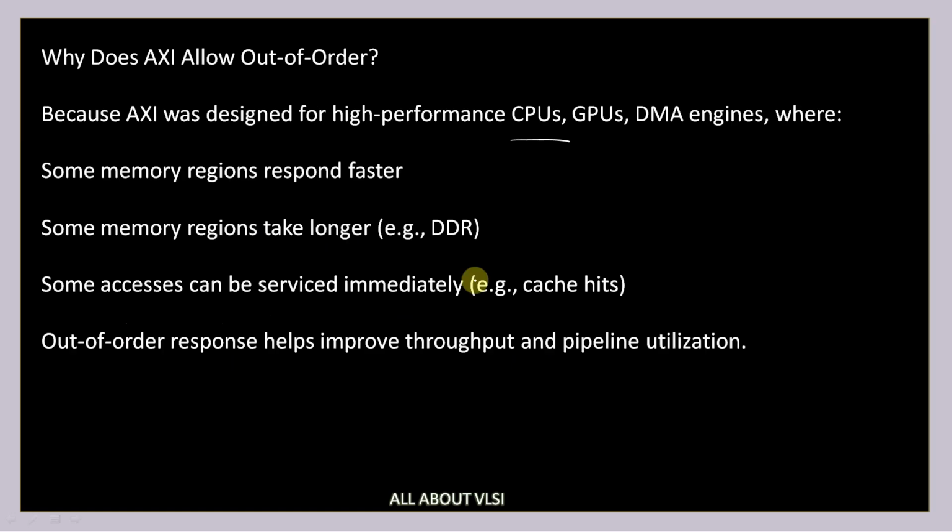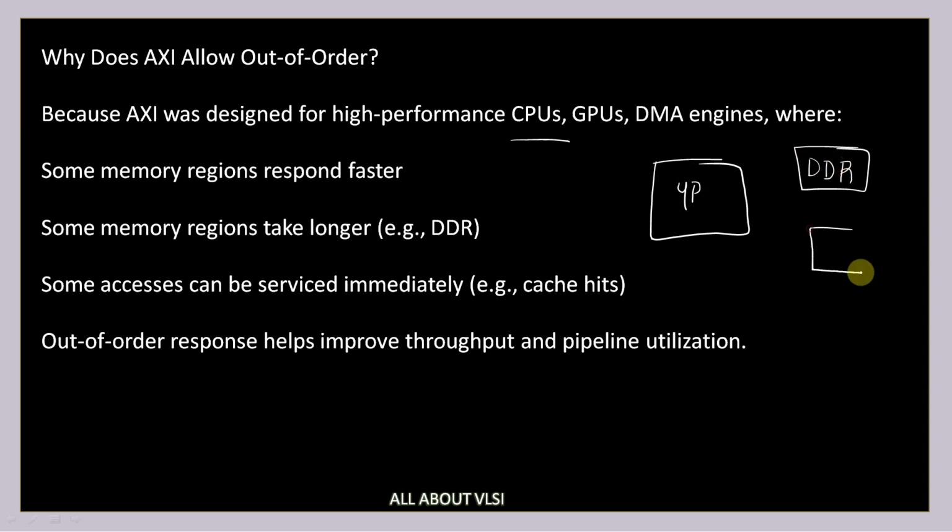Now, what do I mean by this? Let's suppose this is my processor and this is one component like DDR, and this is some memory region, and we have three components like this, and our processor is connected to these three components. Let's say this is some DMA interface.